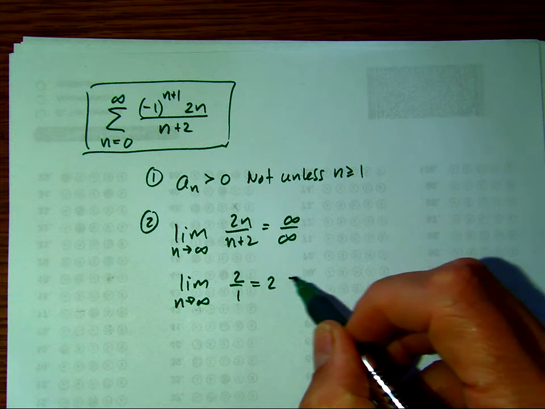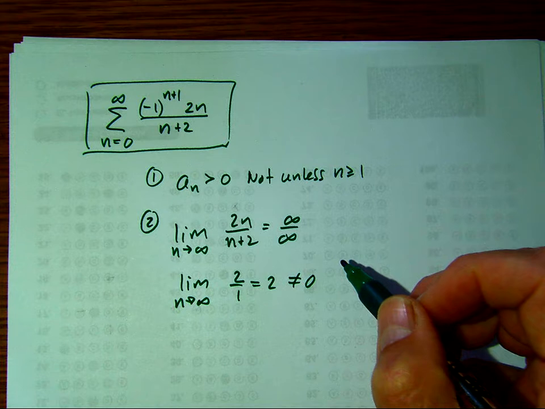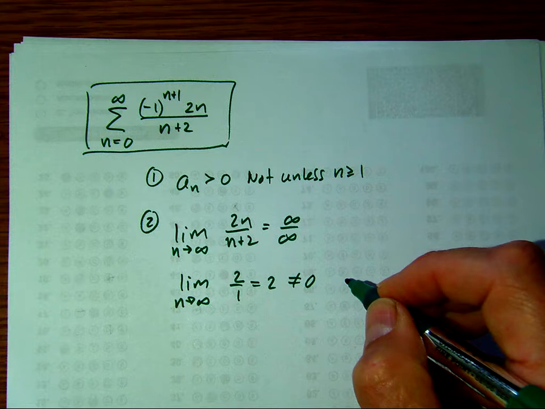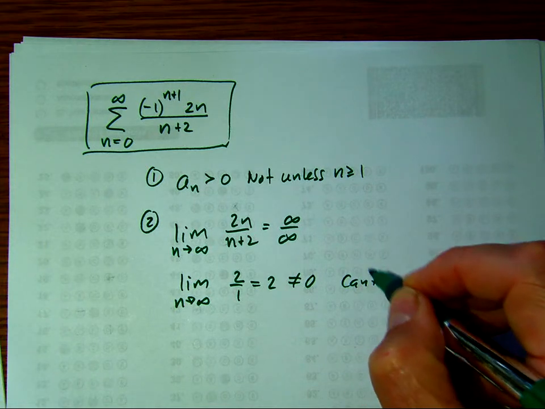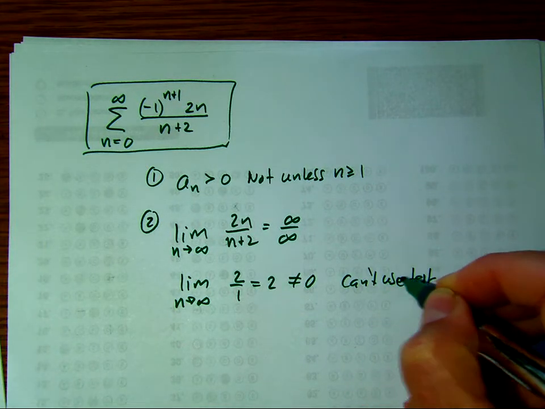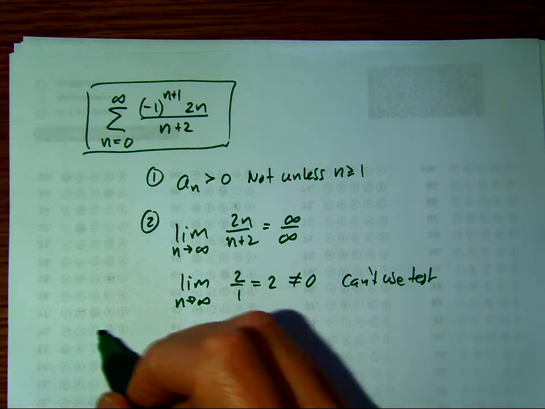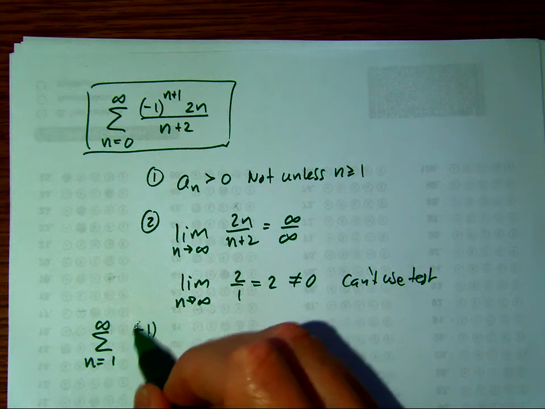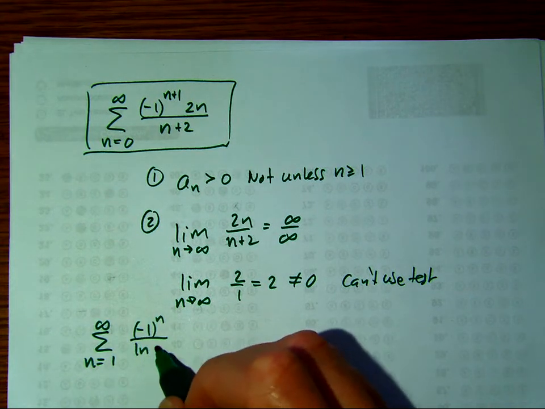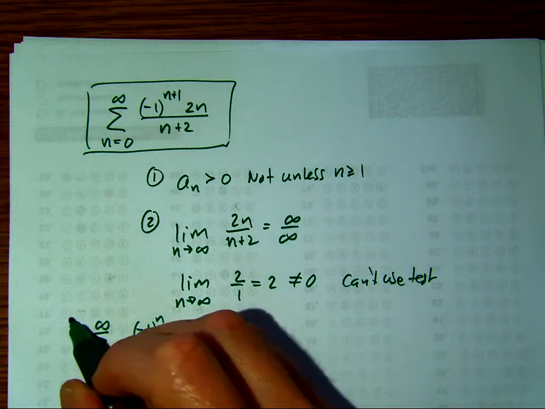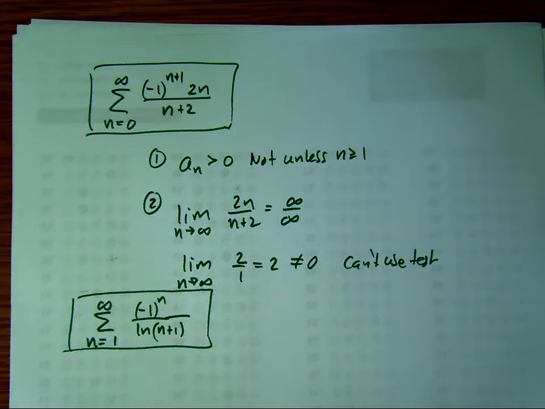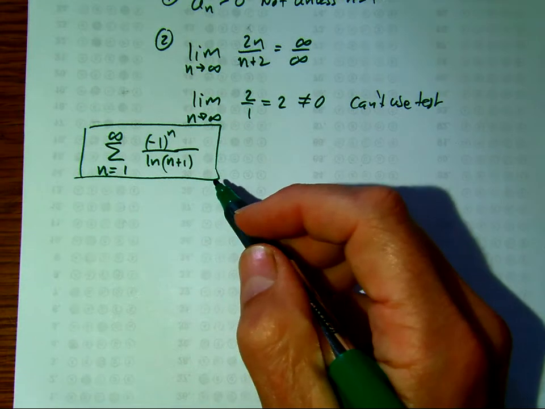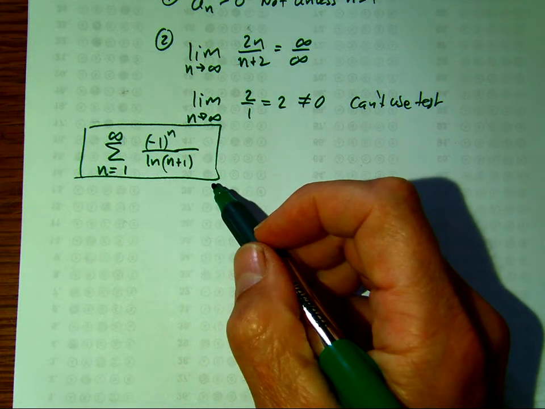And that's not equal to 0, so we can't use the alternating series test. Okay, pause the video and try that one.